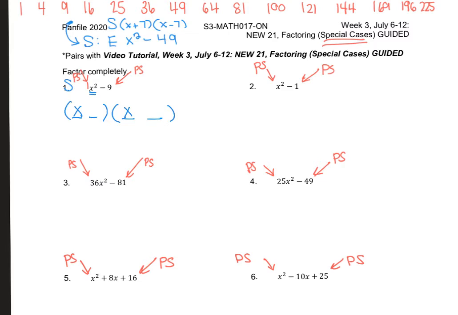The square root of x squared is x. The square root of 9 from our perfect square world is 3. And in order to multiply to get a negative, we need one of those 3's to be positive and one of them to be negative.